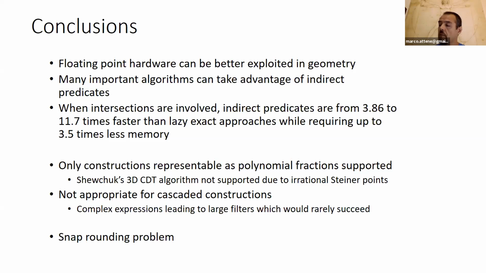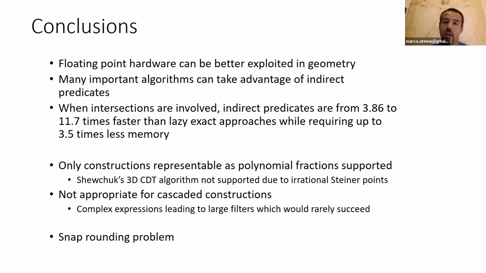And finally, these indirect predicates guarantee that you can resolve the predicates without the need to explicitly calculate the coordinates. But at the end of the day, if the result of your algorithm needs to be fed to a downstream application that needs to read some floating point numbers, you need to actually calculate the coordinates of even the intersection points.